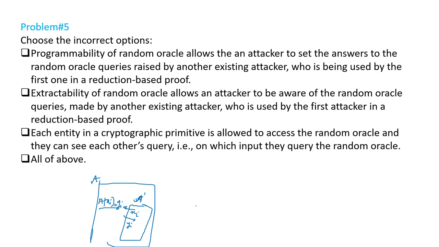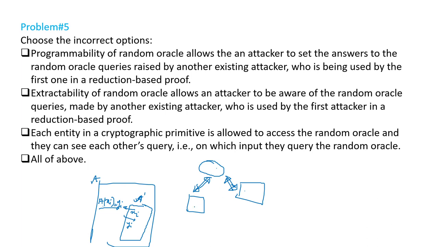This is wrong, because whenever you say entity in a crypto primitive running, the random oracle is something present there, and between each of the entity and the random oracle there is basically a private channel. So whatever each of the entity queries to the random oracle is hidden from each other.